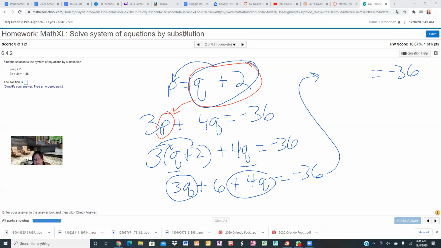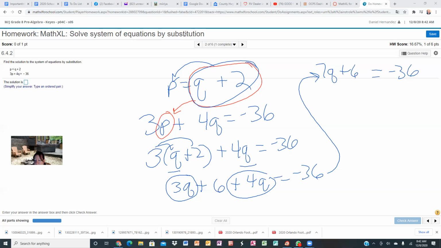Just like if you have 3 soccer balls and then you have 4 more soccer balls, how many soccer balls do you have? 7. So 3 Q's and 4 Q's make 7 Q's, and then plus 6.